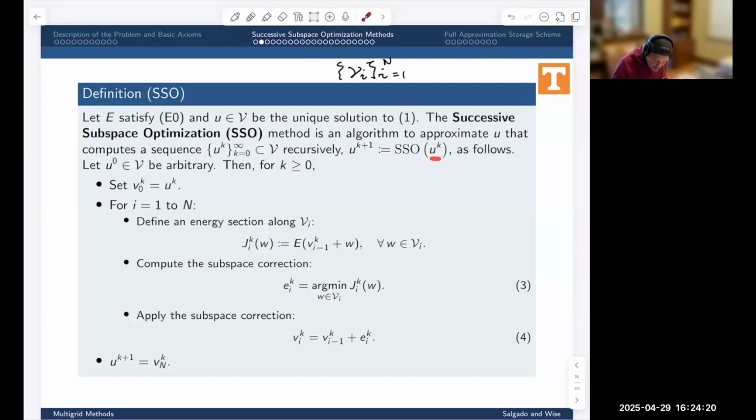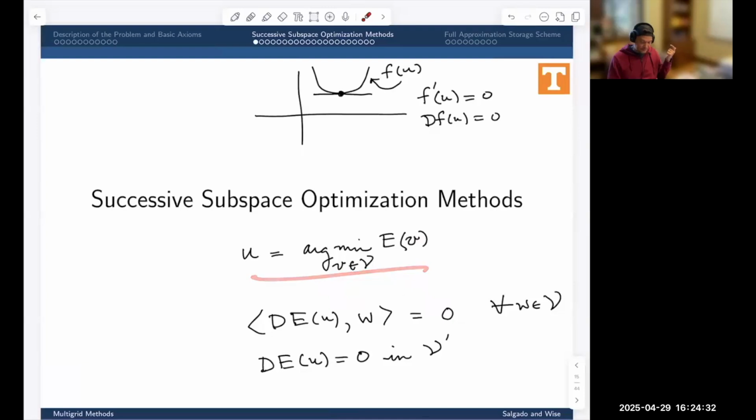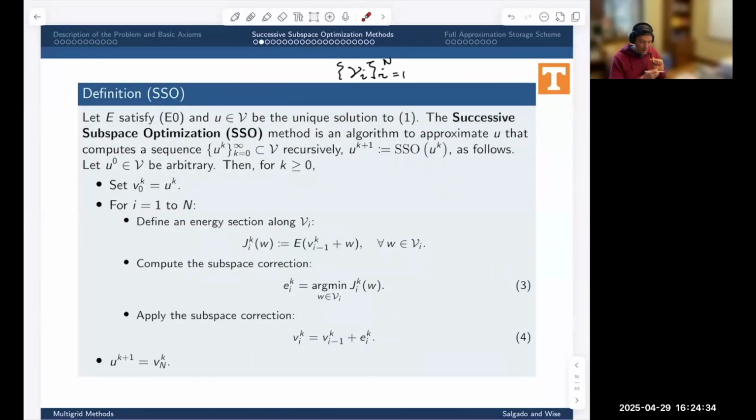You put in u^k and you're going to get u^(k+1) out, and hopefully it's going to converge to the unique solution u that minimizes that energy. But here's the algorithm for computing this from that. We're going to first set v_0^k equal to u^k. Okay, so that's just an initialization step.